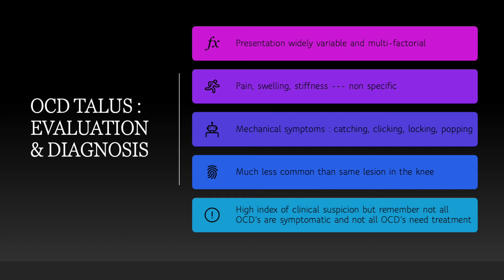And after speaking with the patient, examining the patient, perhaps giving them a diagnostic injection, we come to find relatively confidently that the osteochondral lesion on the MRI is asymptomatic and does not need to be treated.